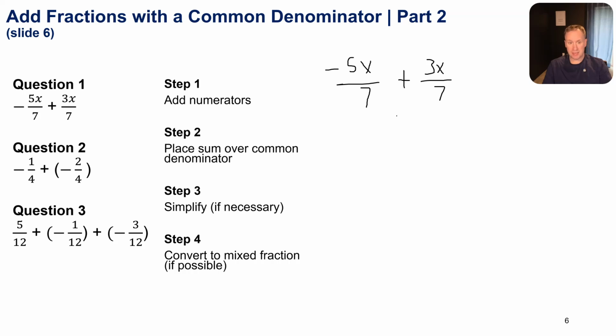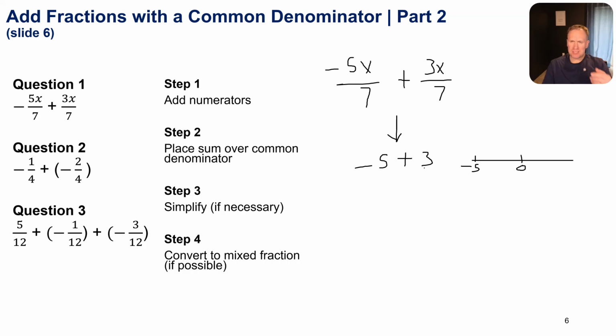And in reality, if I was to rewrite what I'm really doing here, I'm doing negative 5 plus 3. So when I see this kind of fraction, if I haven't seen it before, I like to just rewrite what we're really solving or simplifying, which is the negative 5 plus 3. So if I go to my number line and I model this on my number line here, -5 starts over here. It's on the other side of 0, right? We're then adding 3.